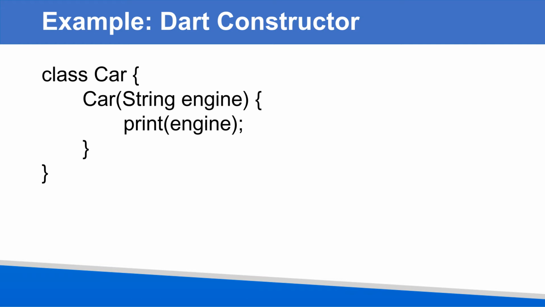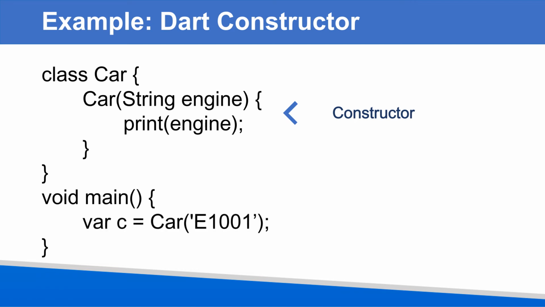And inside of the Car constructor, we specify a parameter which is String engine. And then inside of the Car constructor, there is a print statement that prints the value of engine. And in our main function, we instantiate the Car class and we assign a value for its parameter, which is E1001.